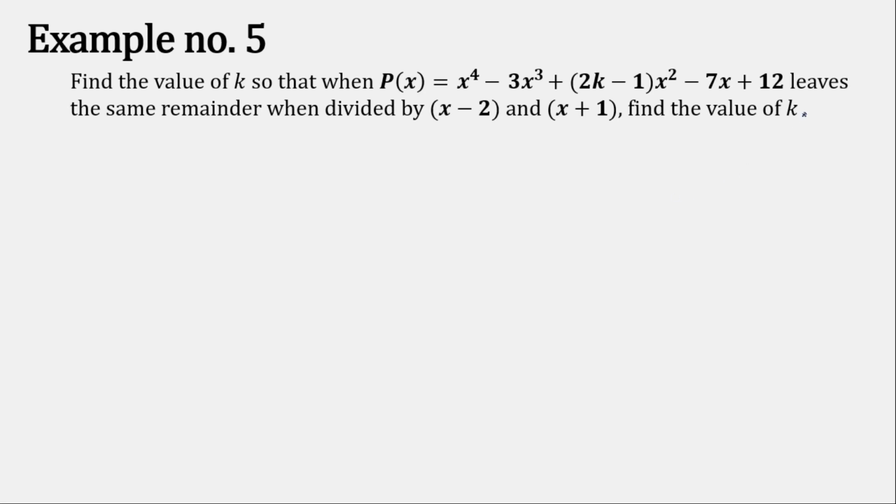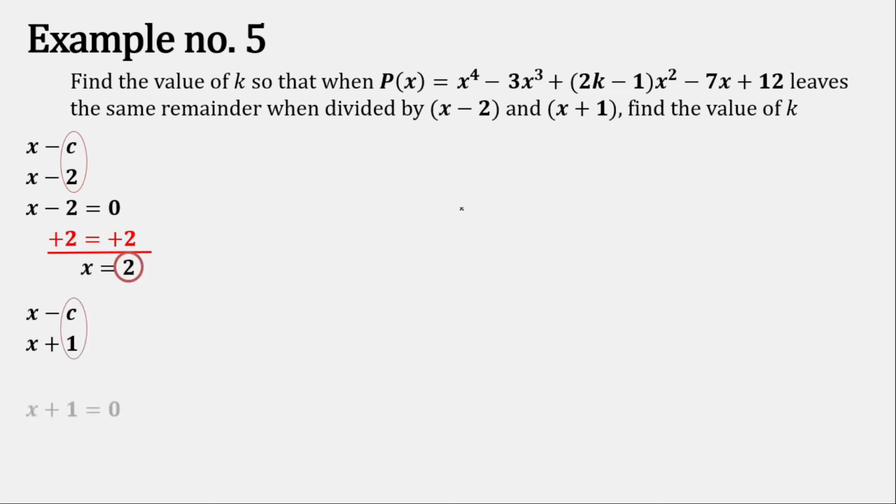The thing is, we have two divisors, and if we divide this polynomial function by these two divisors, the remainders should be equal to each other. So let's try first to find the value of c. On x minus 2, the value of c is 2. On x plus 1, the value of c is negative 1.